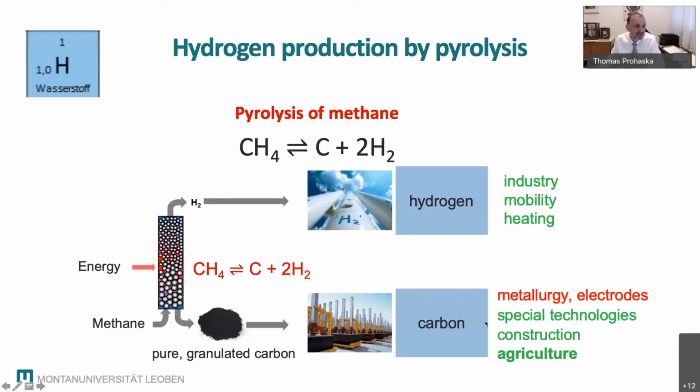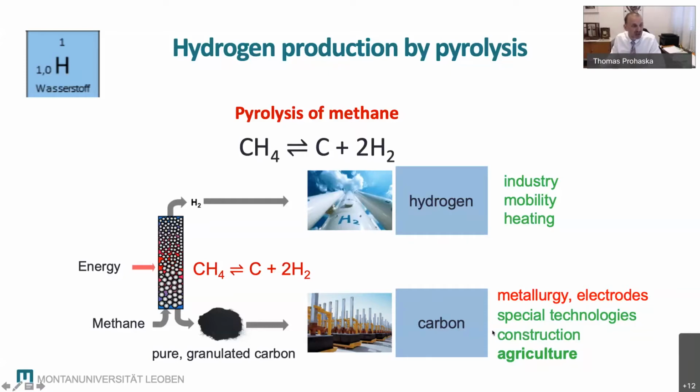Of course, there are a couple of applications in metallurgy or using carbon as graphite, as electrodes. But here we are losing the advantage of the carbon dioxide footprint, because then we're burning the carbon again to carbon dioxide. There are specific technologies where this carbon can be applied, especially considering novel materials, but these are only minor areas.